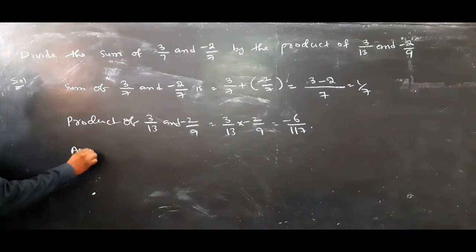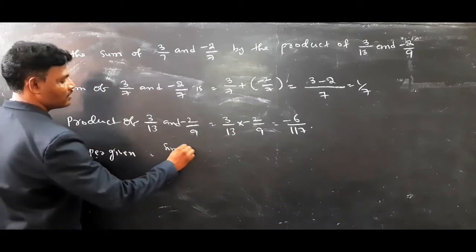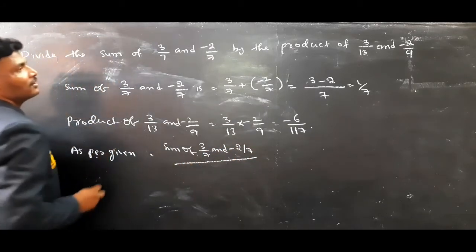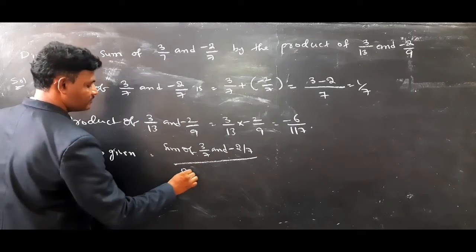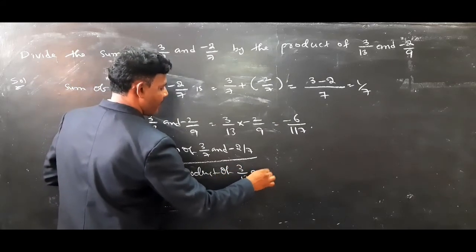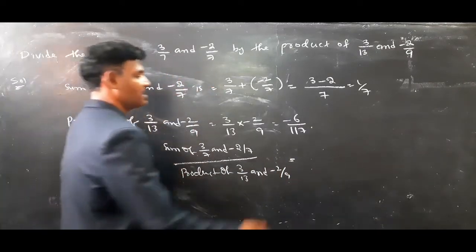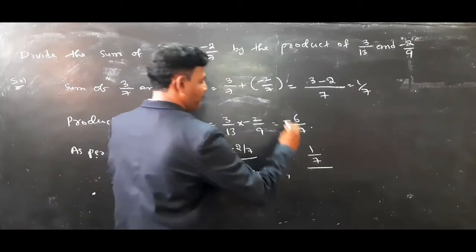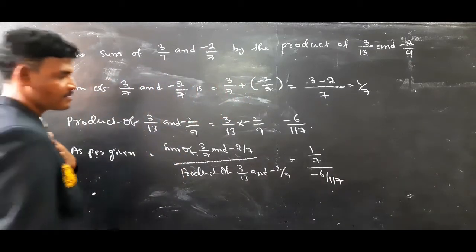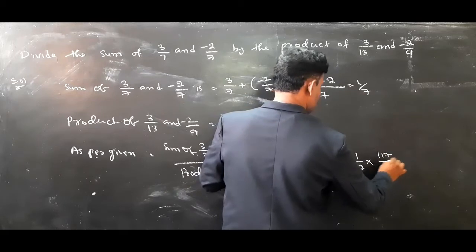As per the given, the sum of 3/7 and −2/7 divided by the product of 3/13 and −2/9. The sum of 3/7 and −2/7 is 1/7, divided by the product, which is −6/117. What can we get? 1/7 into 117/−6 is equal to.